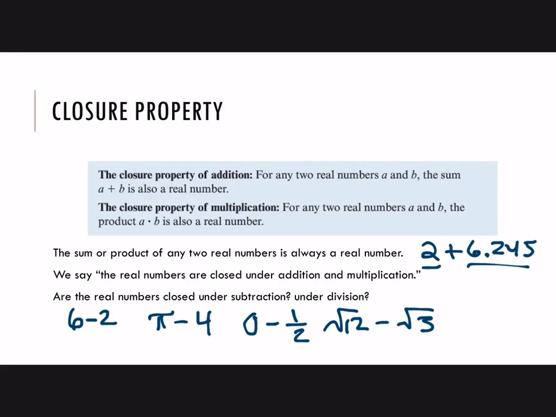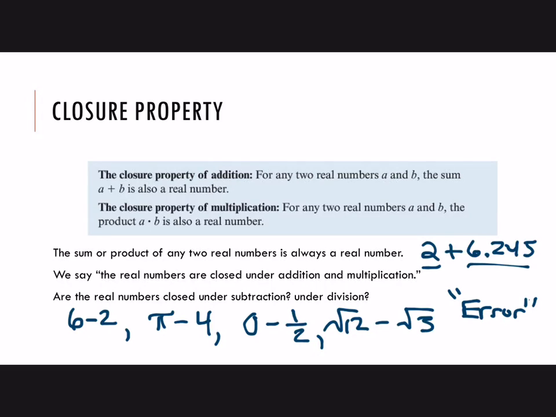If you type all of these into a calculator you will get an answer. Some of these will be decimals, but if your calculator can display the answer and it doesn't say error or undefined, then that means that the answer is a real number.